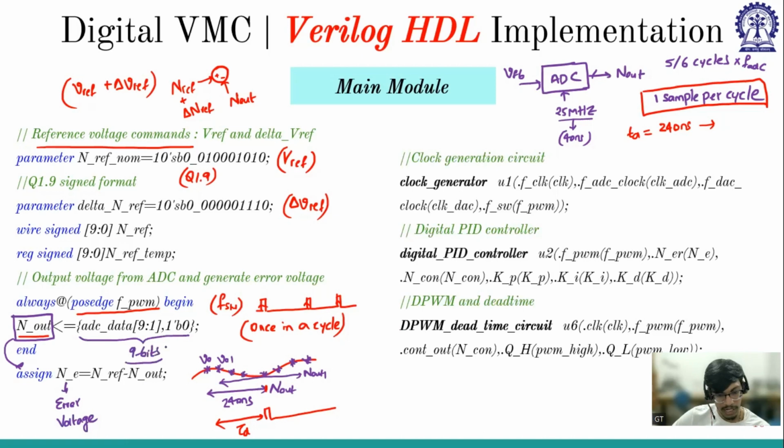We are not considering the 10th bit. The reason is that whenever we implement voltage mode control, the resolution of DPWM should be more than the resolution of ADC.